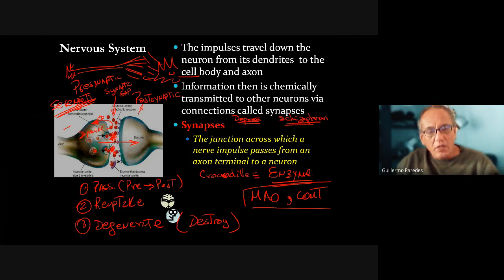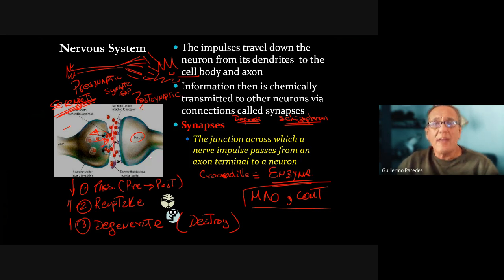Why? Because if you have schizophrenia, the neurotransmitters are going to pass. And there is medication that is going to decrease the production of neurotransmitters, or increase the reuptake of the neurotransmitter. So with schizophrenia there's too much; you don't want them to pass to the postsynaptic. You don't want them to get into the dendrite. So they're going to decrease the passing, increase the reuptake, or increase the degeneration of the neurotransmitters.